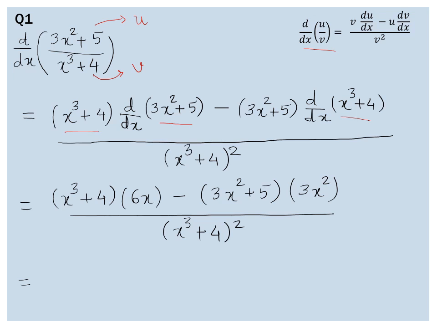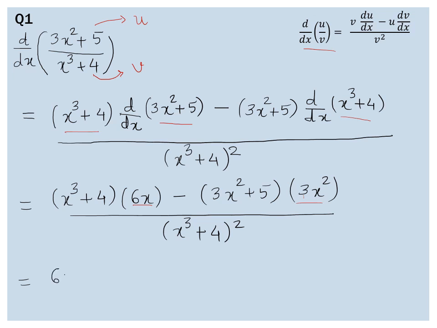Now simplifying further, we get x cube plus 4 as it is into derivative of 3x square plus 5, which is 6x, and minus 3x square plus 5 into derivative of x cube plus 4, which is 3x square. Now simplifying further, that is multiplying 6x to x cube plus 4.